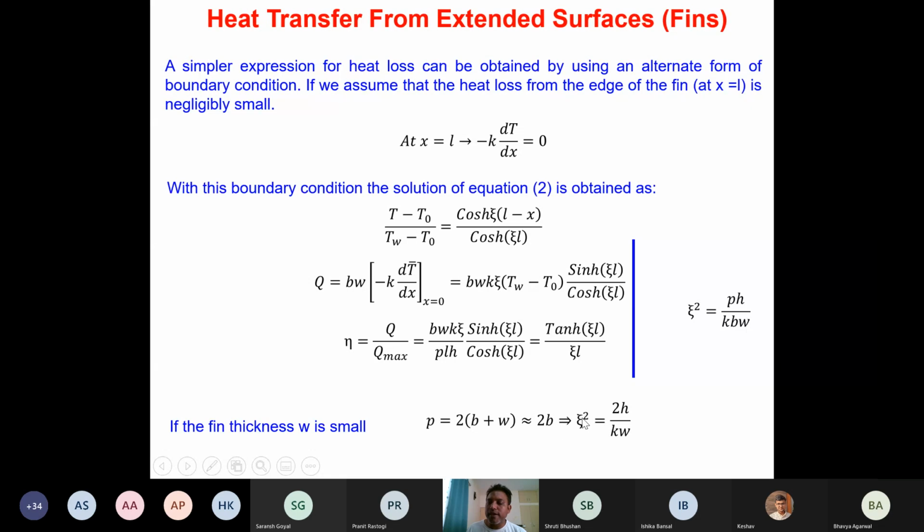If you put it in this equation, zeta square is 2H by KW, because P will be given as 2B, so this B will get cancelled out. In some cases, when the thickness is very small, we can use this value of P, which will give the approximate value of zeta. Okay, clear? So this is all about the extended surface.